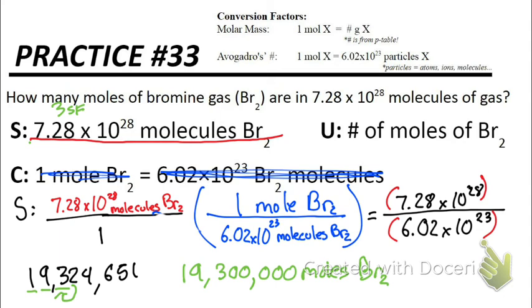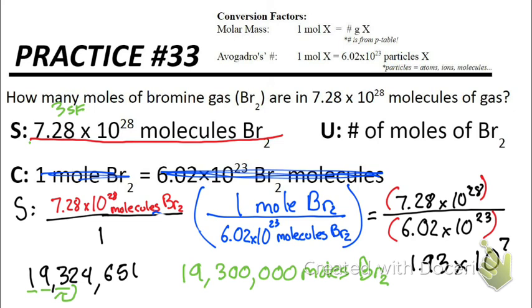So I'll just do a quick refresher of that. If you want to convert to scientific notation, you're going to take that decimal that's not there, and you're going to move it 1, 2, 3, 4, 5, 6, 7 spaces to the left. So I'm going to take 1.93 times 10, and I moved it 7 spaces.